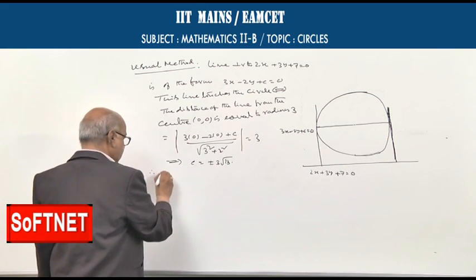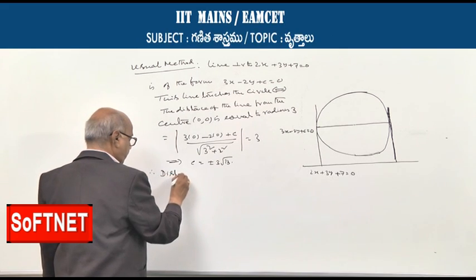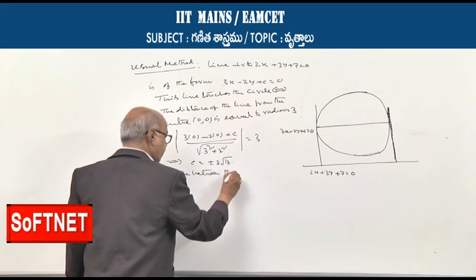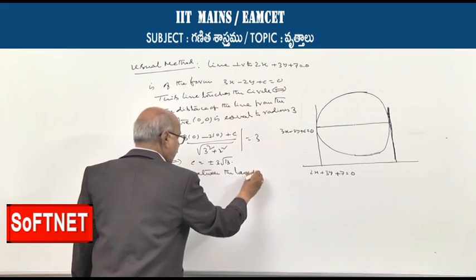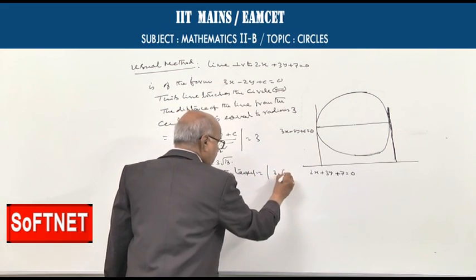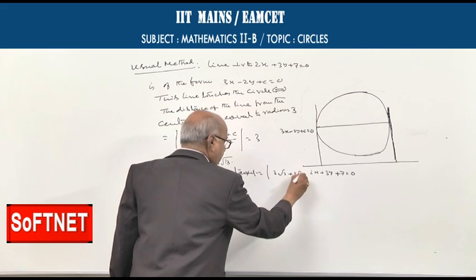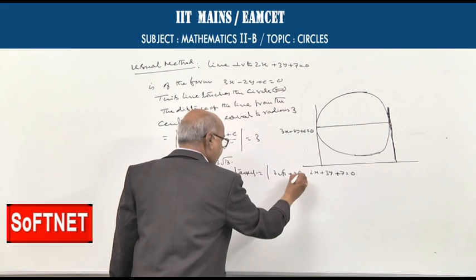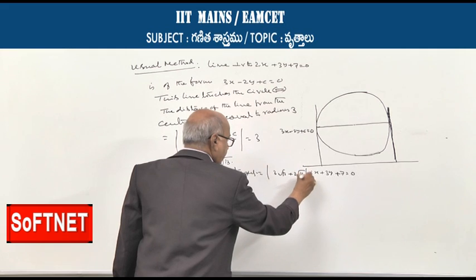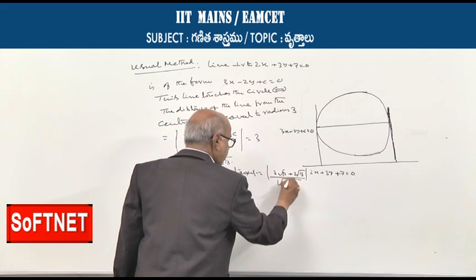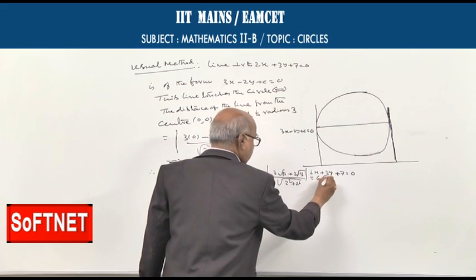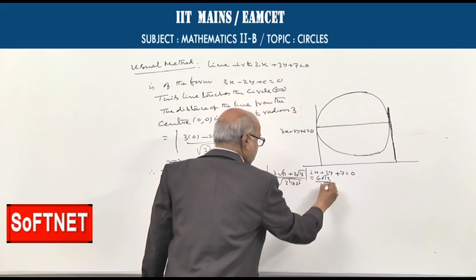So therefore, the distance between the tangents is equal to modulus of d1 minus d2, that is 3 root 13 minus of minus 3 root 13, by root over 3 square plus 2 square. So which is 6 root 13 by root 13, which is equal to 6 itself.